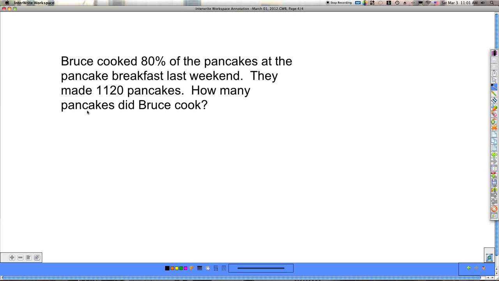Okay. It says Bruce cooked 80% of the pancakes at the pancake breakfast last weekend. They made 1,120 pancakes. How many pancakes did Bruce cook? Well, yet again, I see a multiple of 10, so I'm going to go ahead and make my bar model with 10 units.